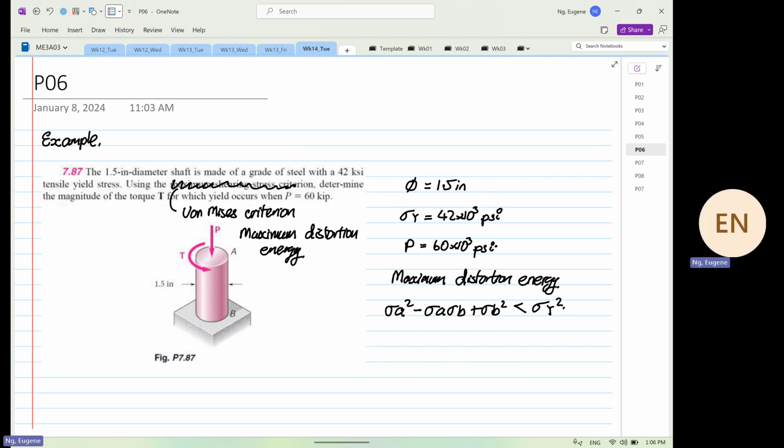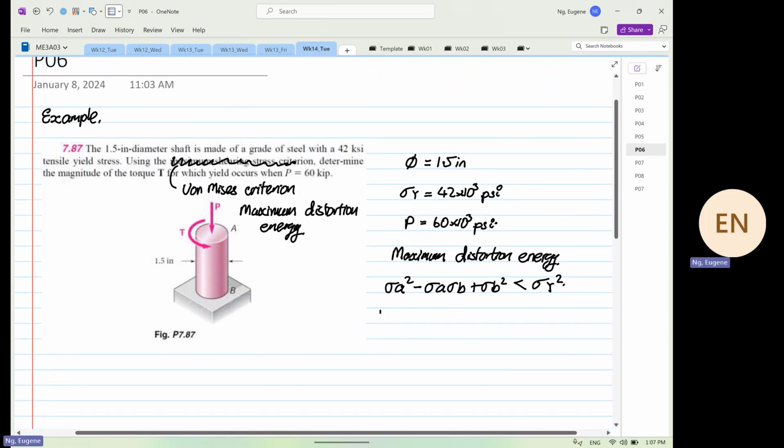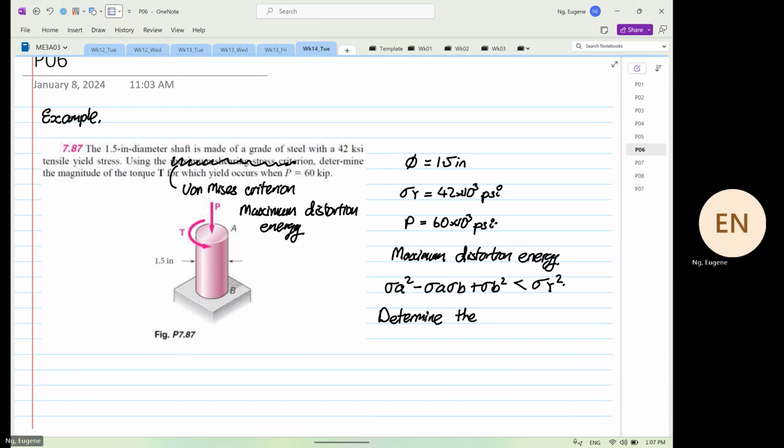Okay. So we have to determine the principal stresses with 3D Mohr circle. Why do we have to use 3D Mohr circle?